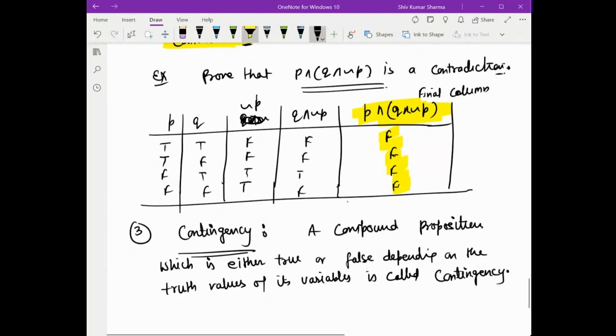Some values are true, some are false, is known as the contingency. That means the final column having mixed values, true or false, is known as the contingency.